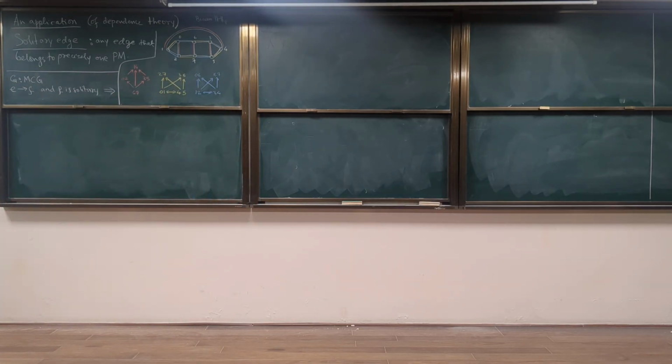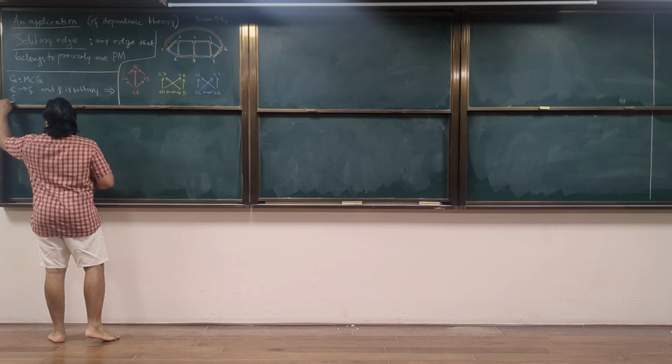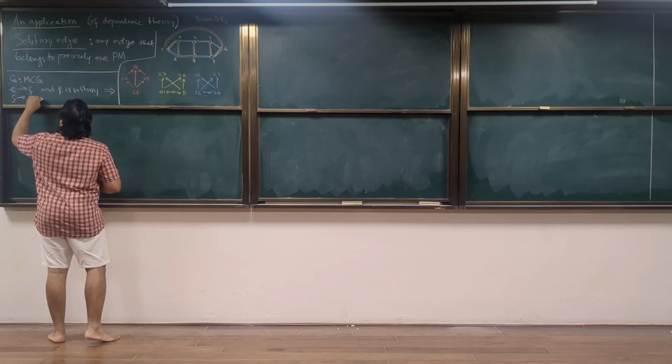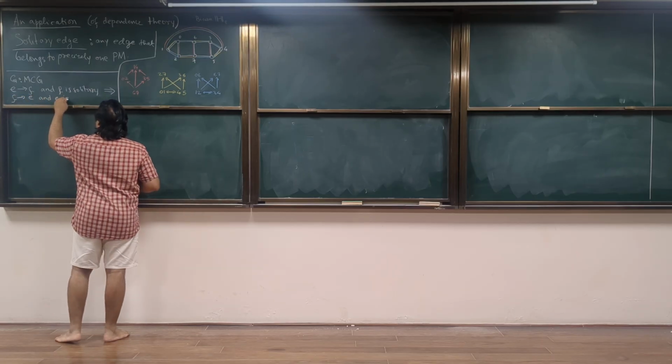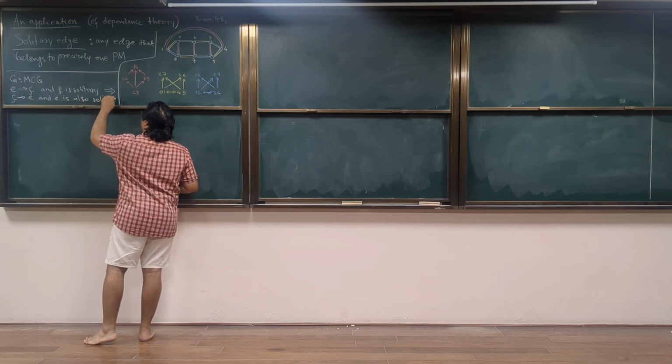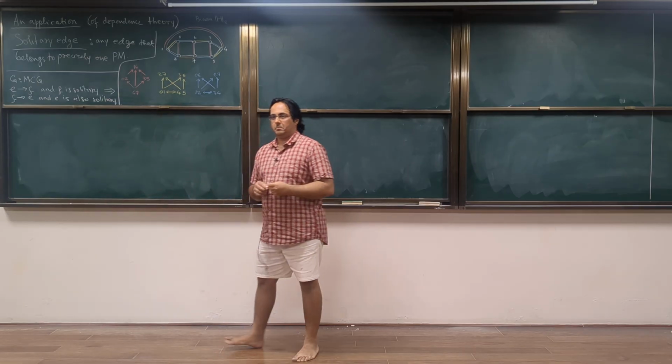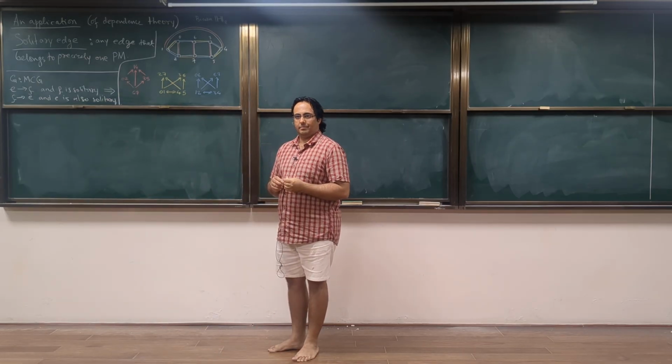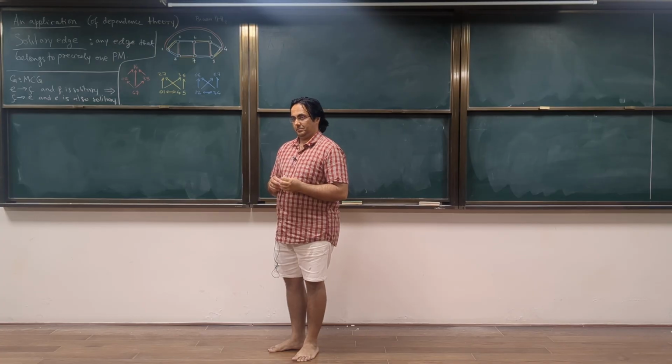Because most of you have already seen this, I can just ask anybody. E depends on F and F is solitary. Then what conclusions can you draw from here? F depends on E and E is also solitary. Yeah? Is that correct?